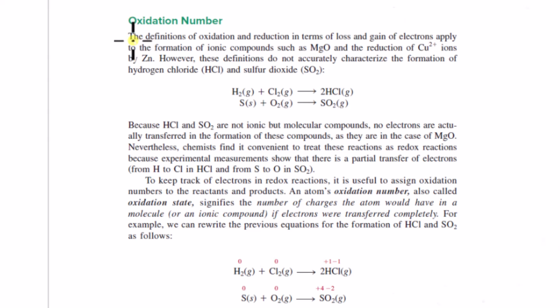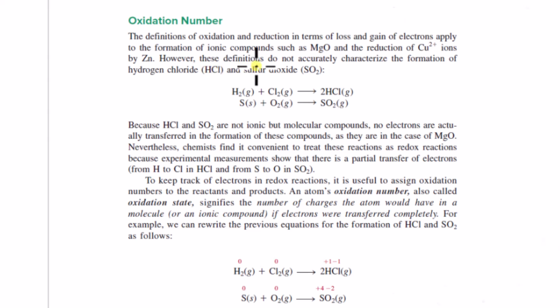Okay, so it says the definitions of oxidation and reduction in terms of loss and gain of electrons, the definitions we discussed in the first part of this section, apply to the formation of ionic compounds such as magnesium oxide and the reduction of copper(II) ions by zinc. Yeah, that's two of the reactions we looked at.